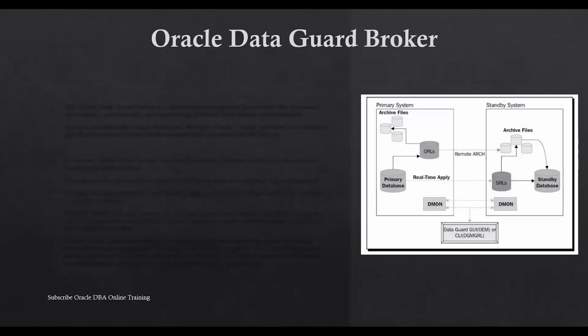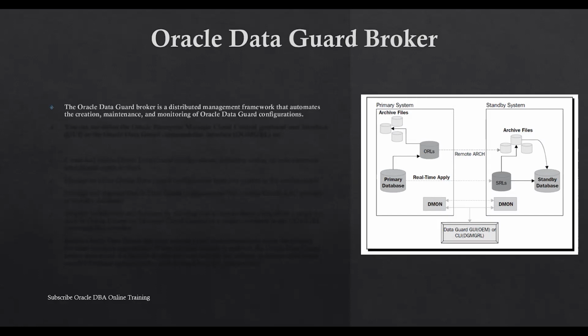Okay, so let's move to the next part, that is Data Guard Broker. Data Guard Broker basically looks something like this. We have the primary system, and we have the standby system.